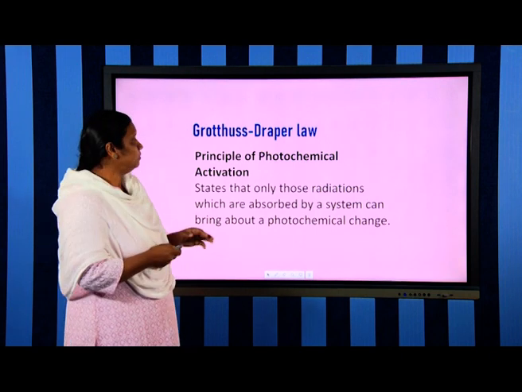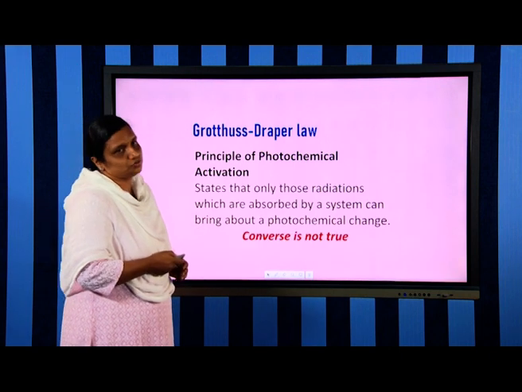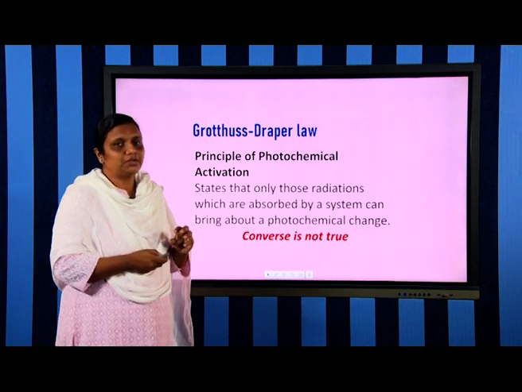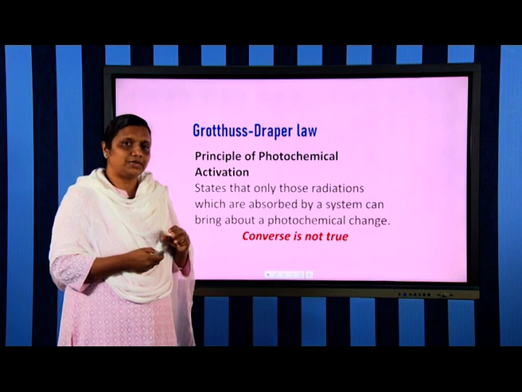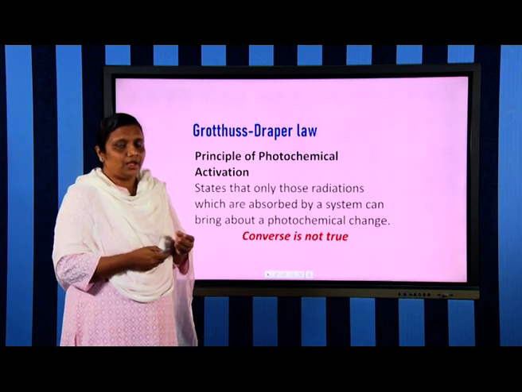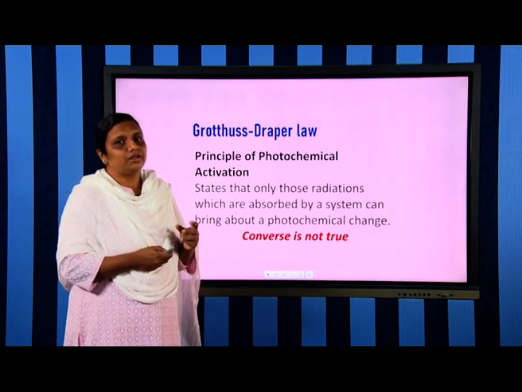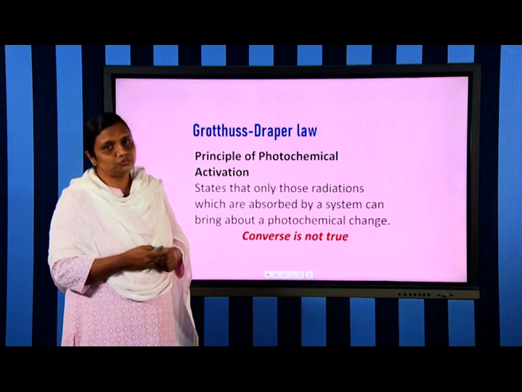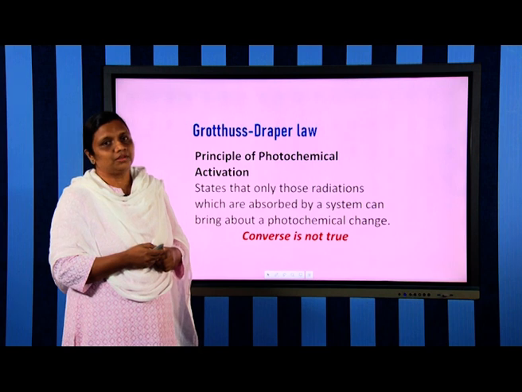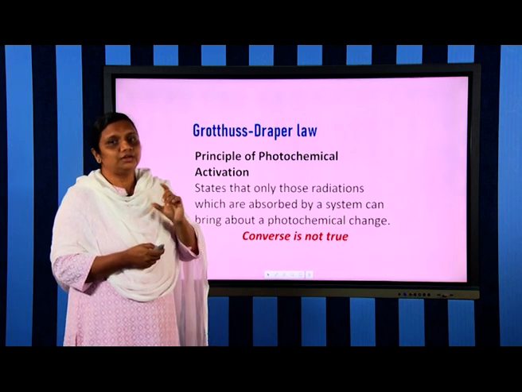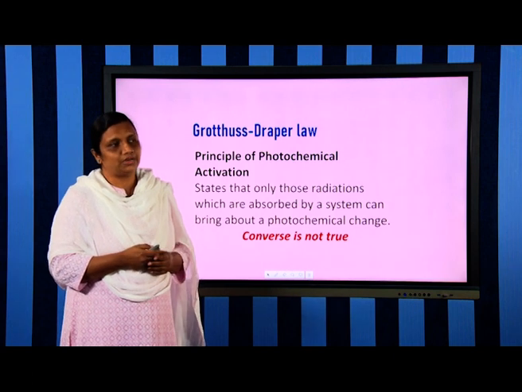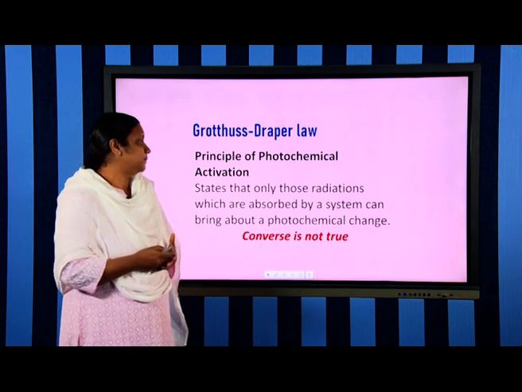That means the converse of the Grotthuss-Draper law is not true. Remember, for a photochemical reaction to happen, absorption of light is necessary, and also remember that when light absorption happens, it need not result in a photochemical reaction.